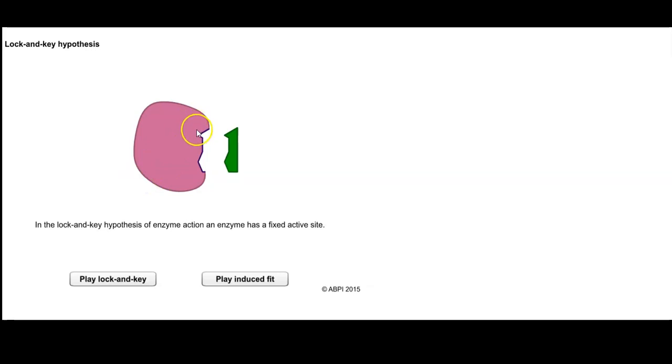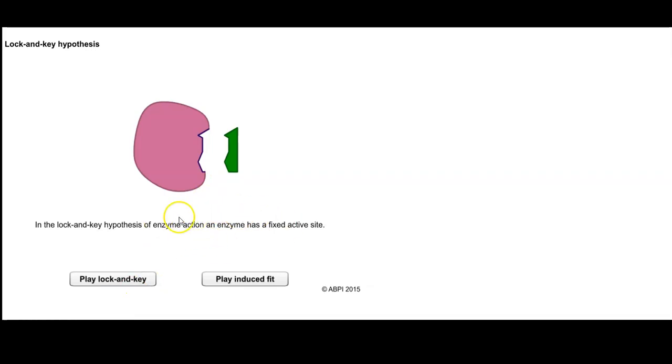We know that enzymes are protein molecules that act as biological catalysts. Enzymes are very specific in their actions because they have an active site that is complementary in shape to the substrate. We have studied previously that enzymes work in different ways, and one model is known as the lock and key hypothesis.